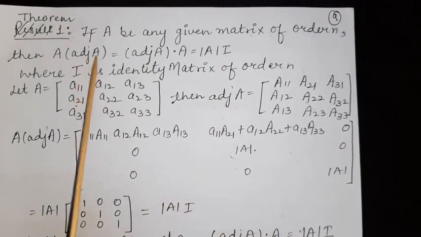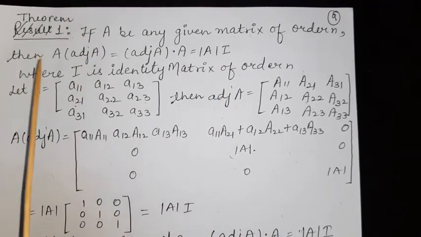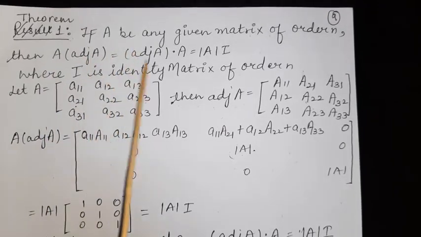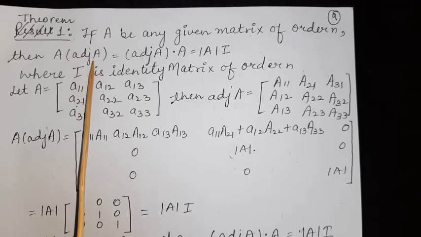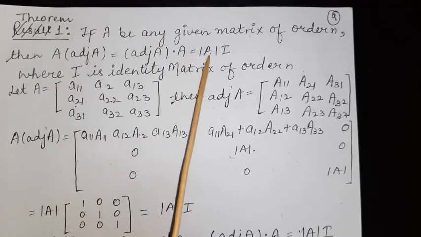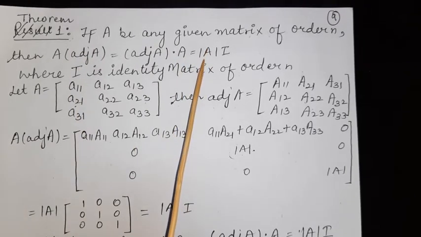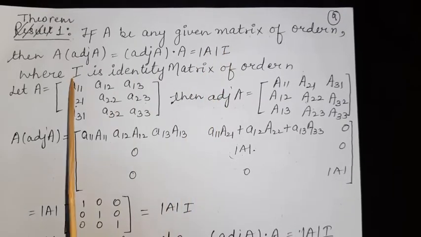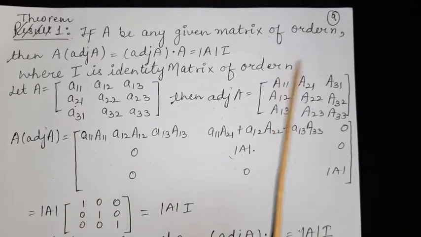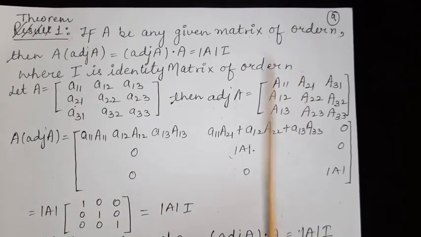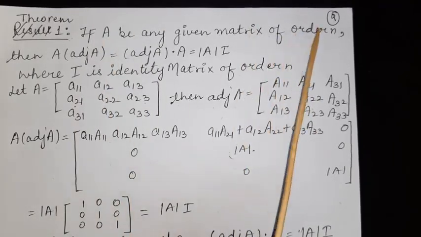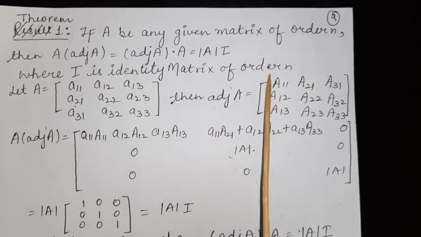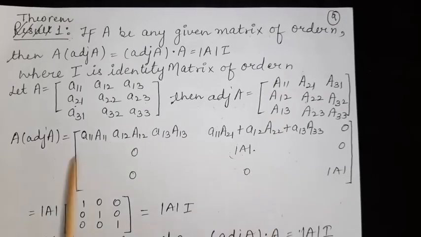So this result says that if you multiply a matrix A with its adjoint, the product is commutative, and further it will be equal to determinant of A into the identity matrix, where the order of this identity matrix is the same as the order of A. Here we have taken A, a matrix of order n, so I will also be an identity matrix of order n only. Let's see this result.